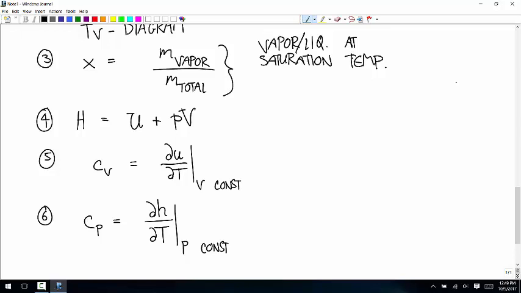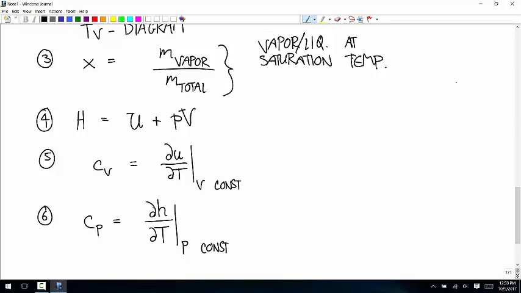The way I remember those is that internal energy is strongly related to temperature, not strongly related to pressure.